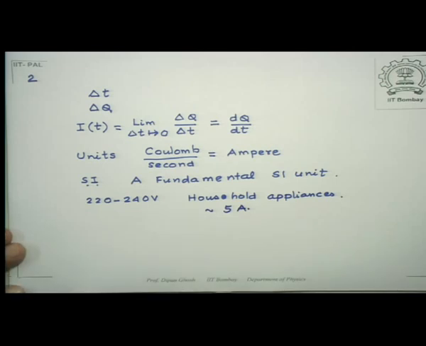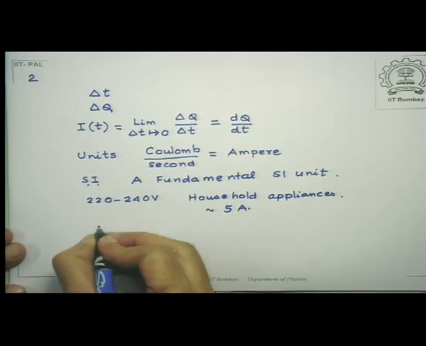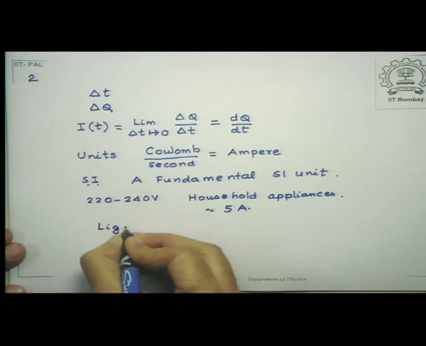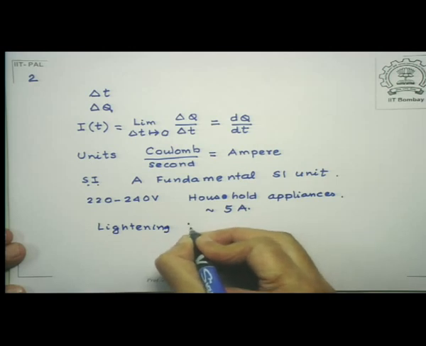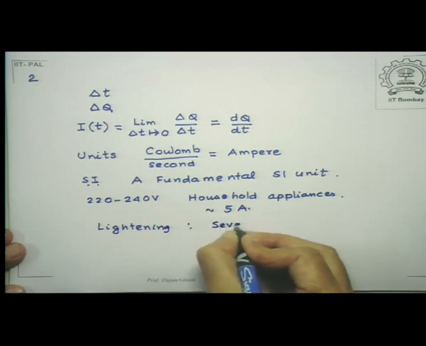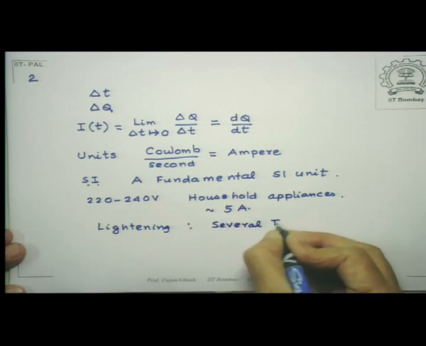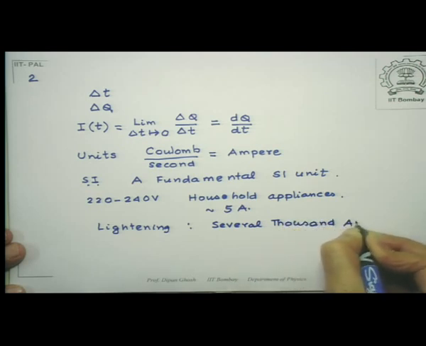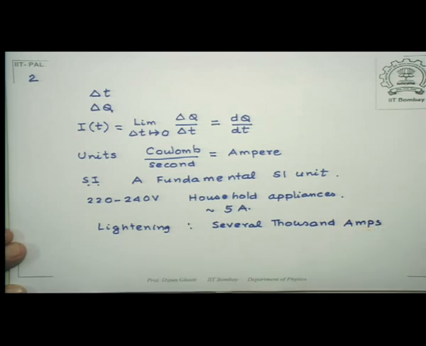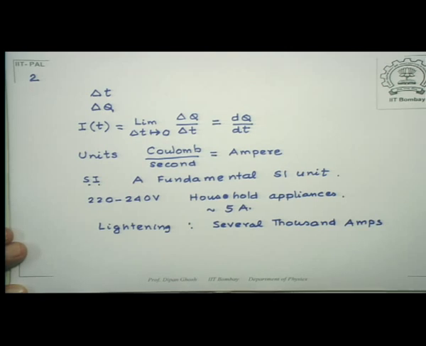If you want to compare this with, for instance, the strength of the current that takes place in a lightning, this could be typically several thousand amperes. Aurora Borealis that we talked about could also go to millions of amperes.